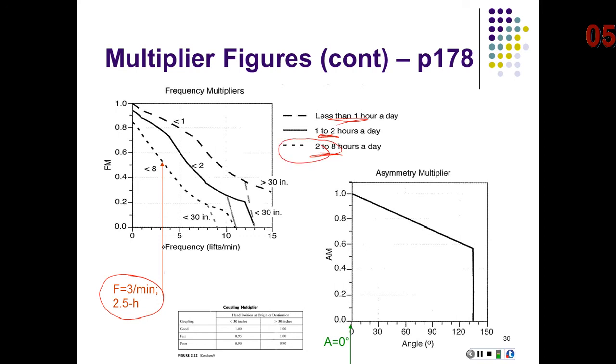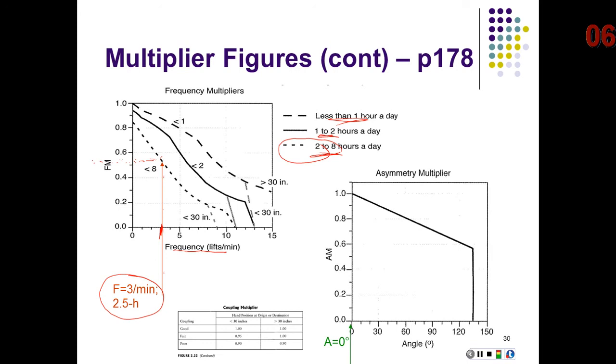And so I'm going to follow this up at 3 lifts per minute frequency, and then find where it crosses, somewhere here.